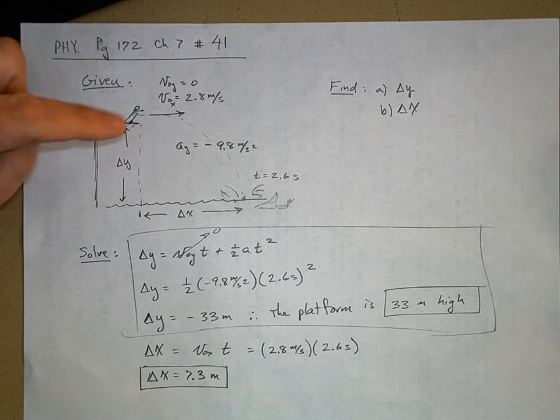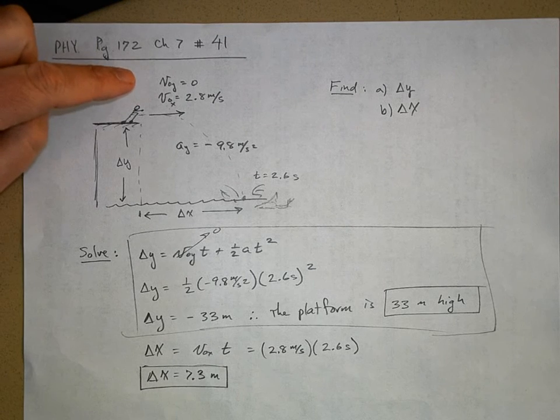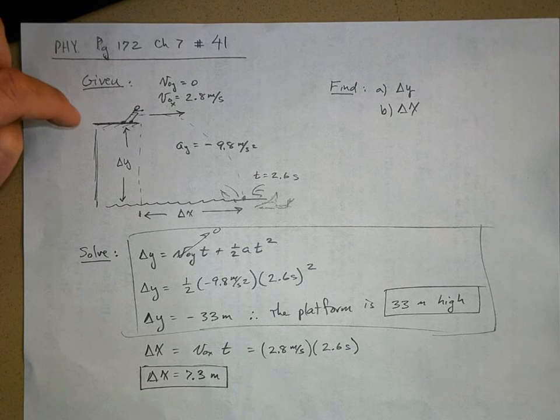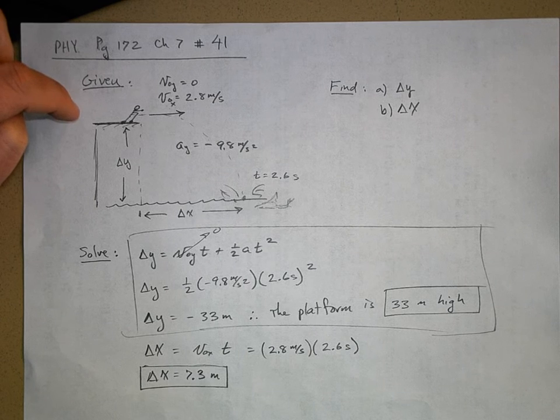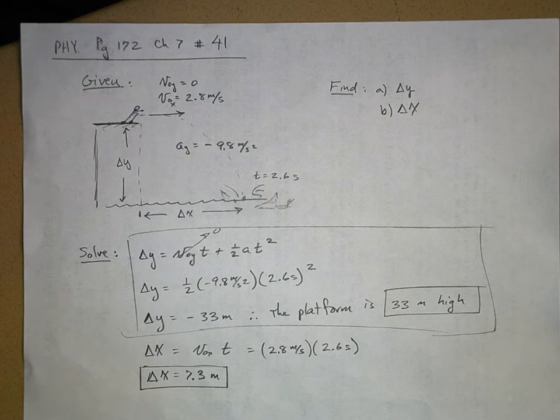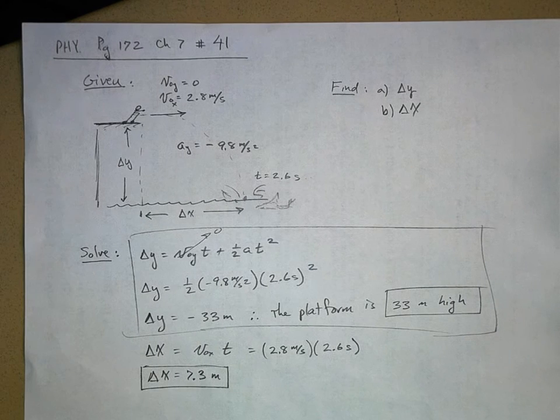I notice, oh, my initial velocity in the y direction in this problem is 0. And I know what the acceleration in the y direction is. And I know time. Now, what's the only variable that applies in both the x and the y direction? Time. Time is the link between the x direction and the y direction stuff.